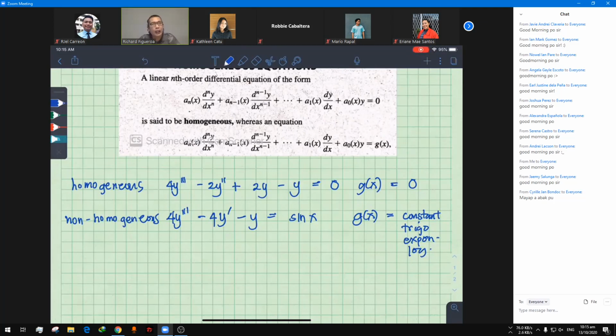However, if the order is second order, that means there are two solutions. Third order, there are three solutions. So the order of the differential equation corresponds to the number of solutions. Okay, so that's the difference between the homogeneous and the non-homogeneous equation.